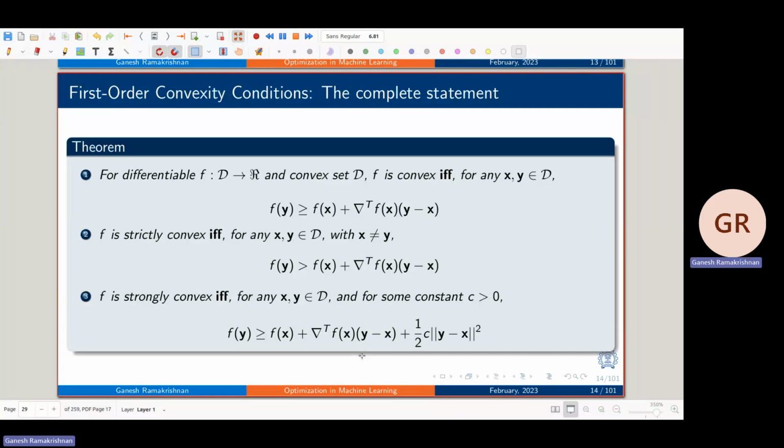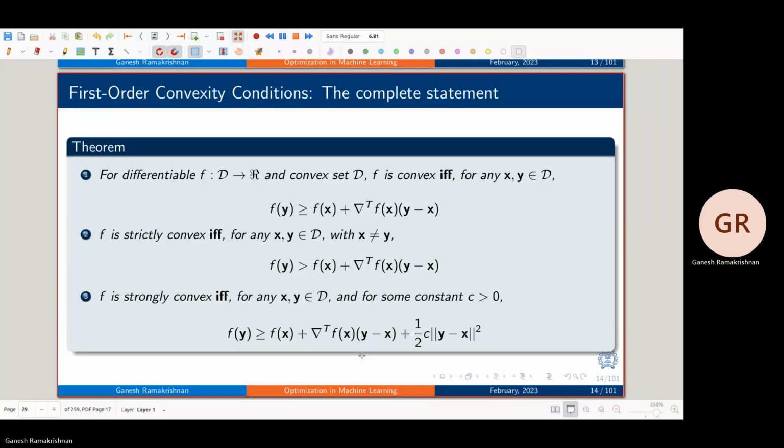For strict convexity, what happens? Instead of saying lie in, you will say what? What's the qualifier? It will strictly lie in, not even touch, basically. Here you see that some touching is going on. It may touch in multiple places. For example, if it's an affine function, it might even coincide with the hyperplane.